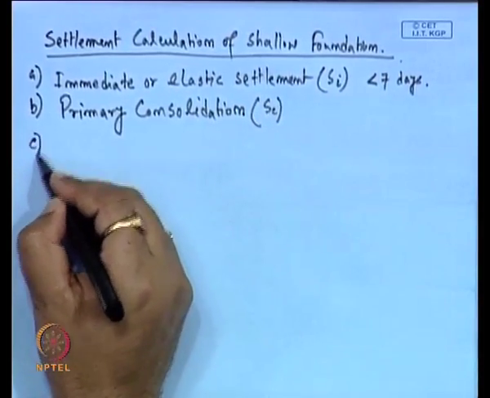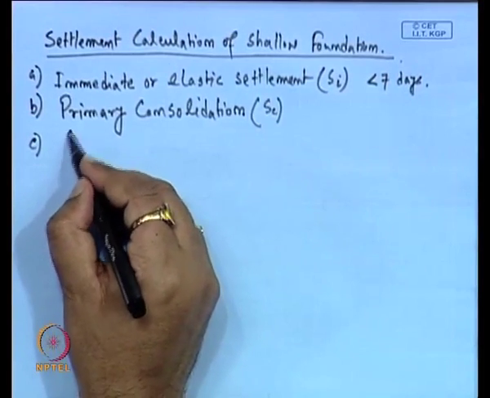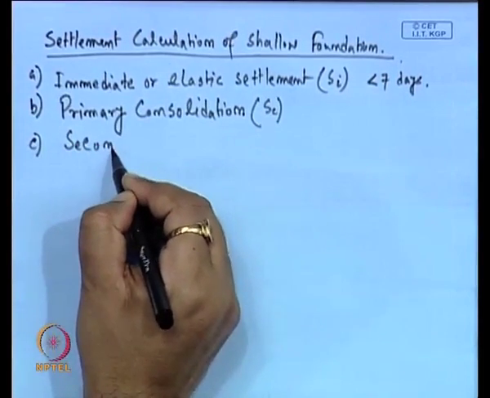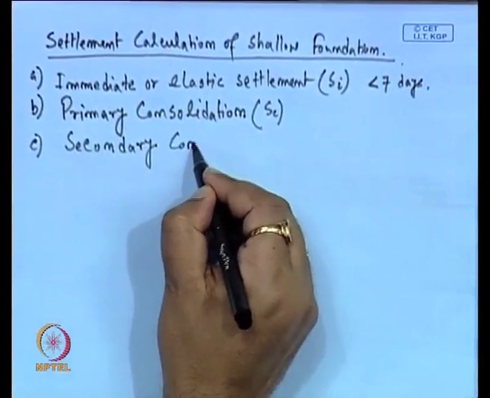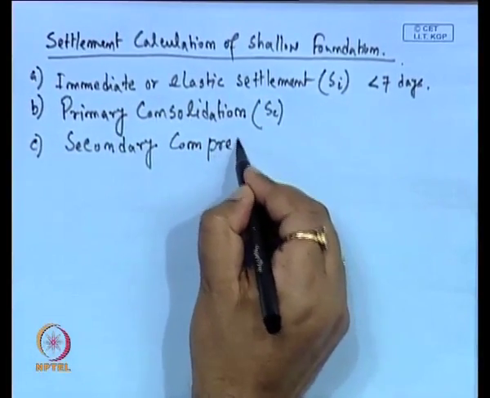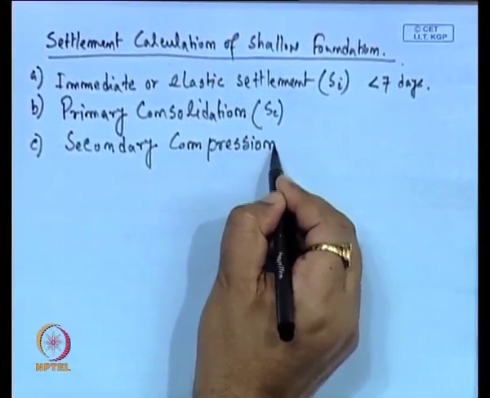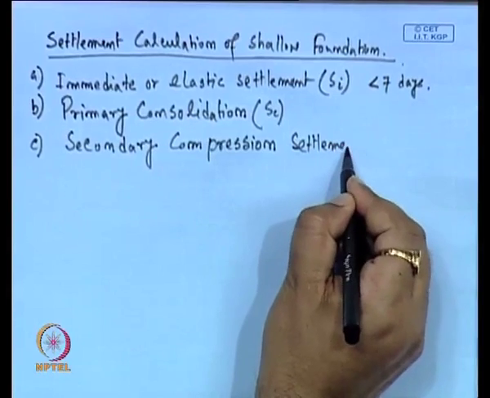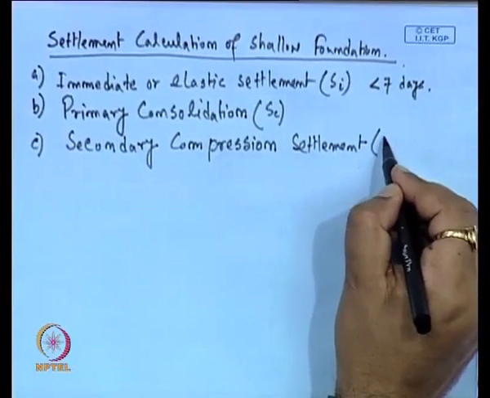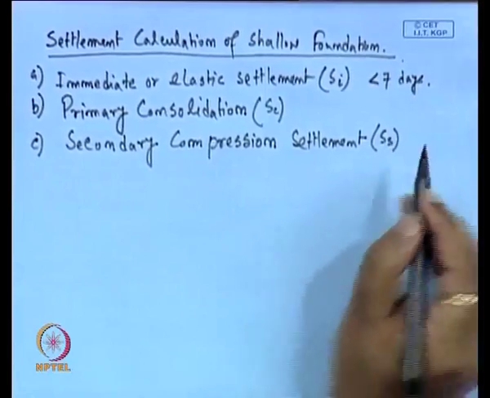The third category of settlement is secondary compression settlement, or Ss.